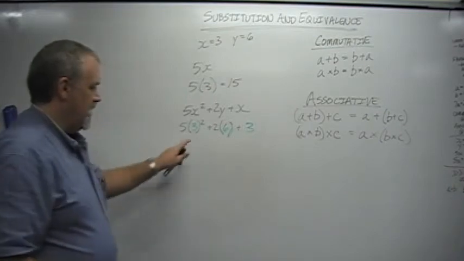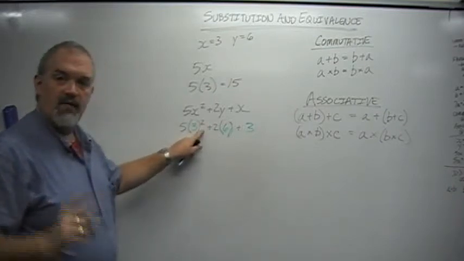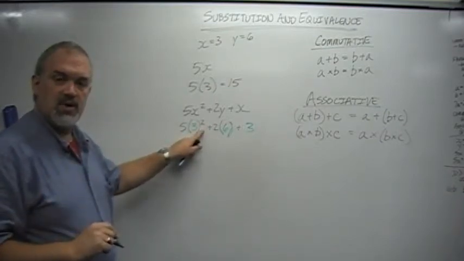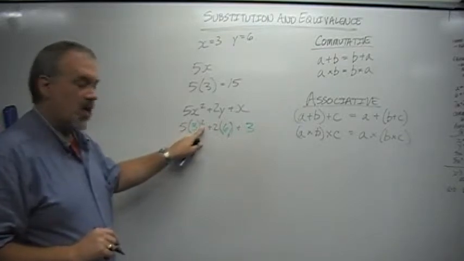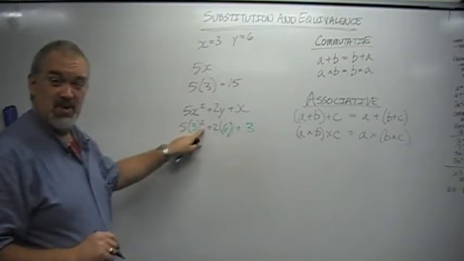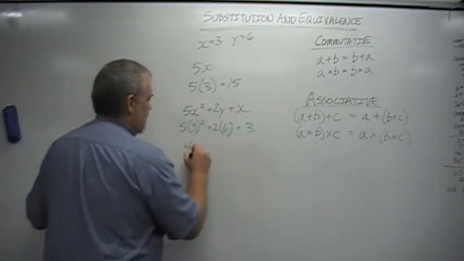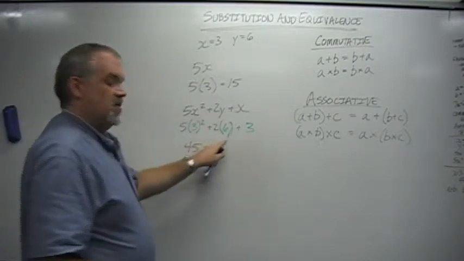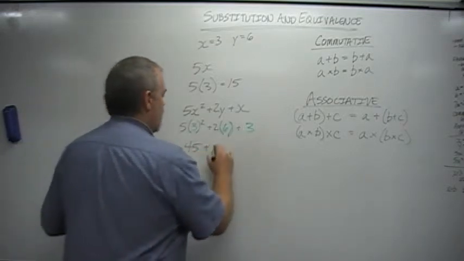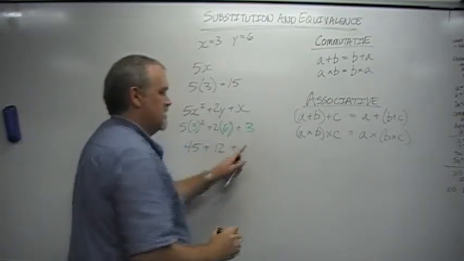So what do we have here? We have 3 squared. I have to always do the exponents or powers first. 3 squared is 3 times 3 is 9, times 5 is 45, plus 2 times 6 is 12, plus 3.